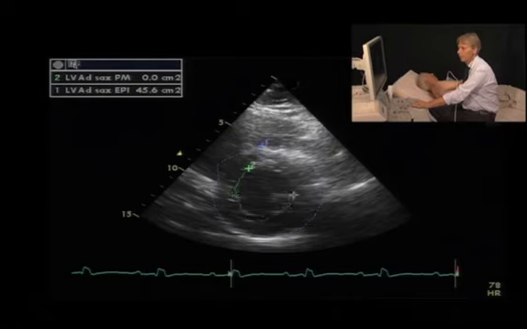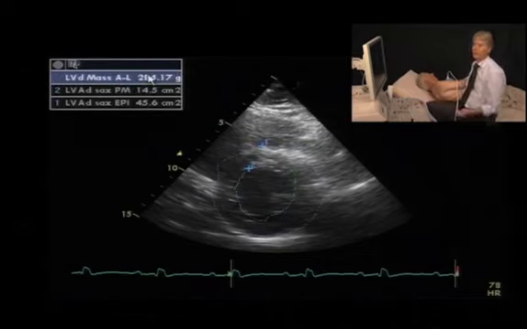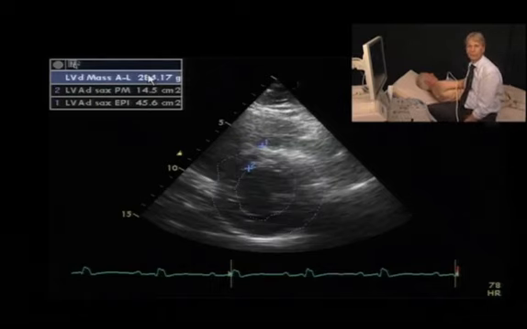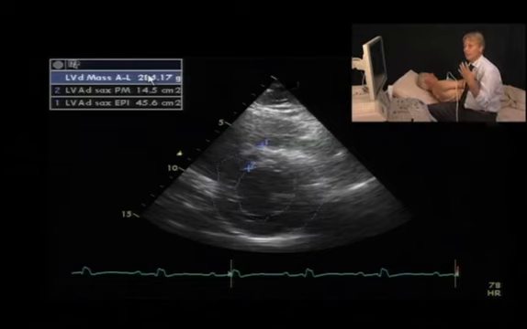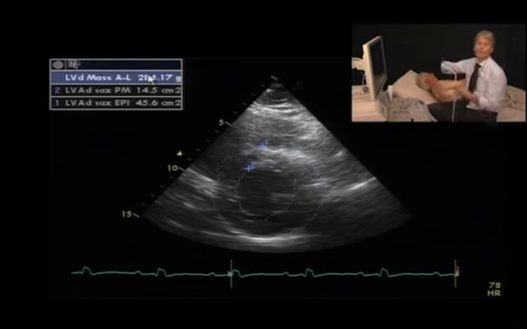So I'm just cutting through the papillary muscle here. And you would get a measurement of 285 grams, which denotes left ventricular hypertrophy. You could then perform the same measurement also in systole with the end systolic length of the left ventricle. These two measurements, however, should at least moderately agree.